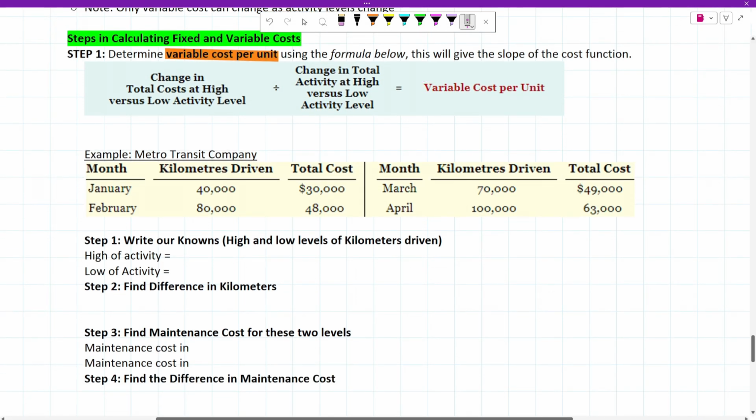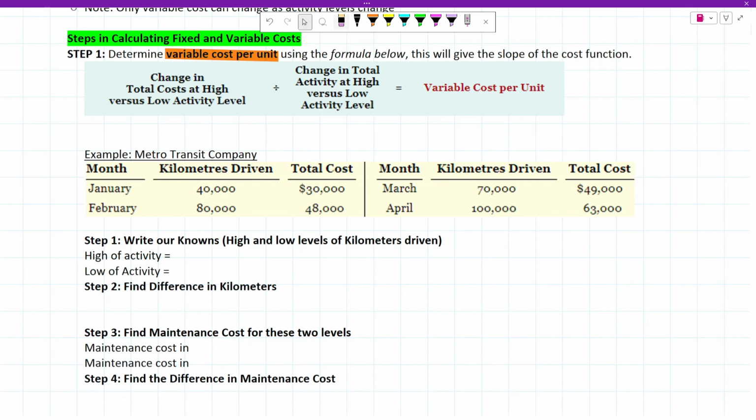So here we have our first example, which I'll do with you guys. We have our metro transit company, and we're given a diagram with the months, kilometers, and total costs. Our months are January, February, March, and April. Step one, write our knowns, which are the high and low levels of the kilometers driven.